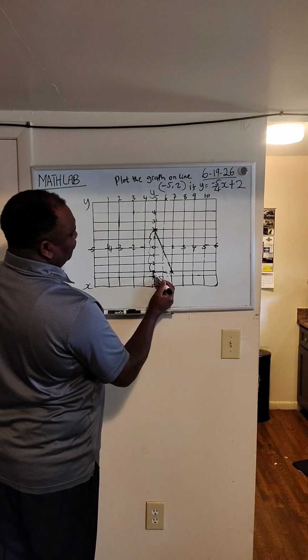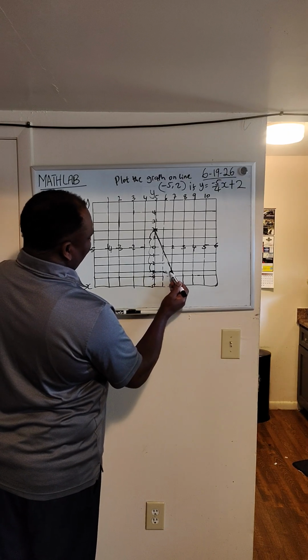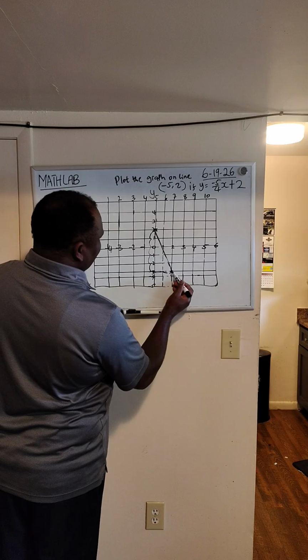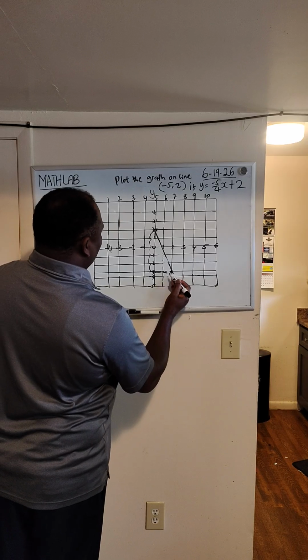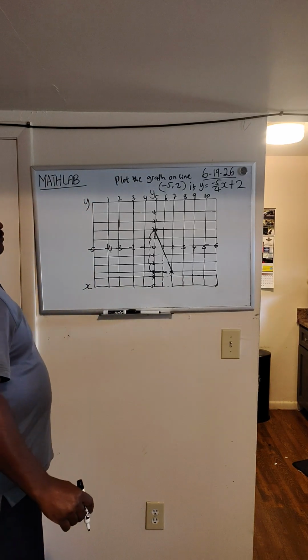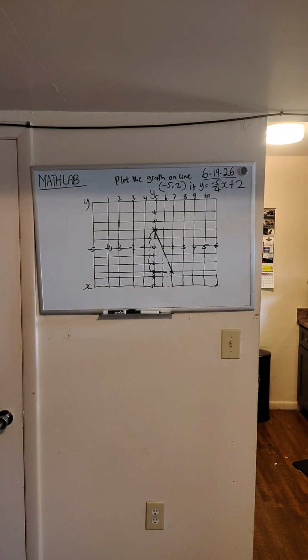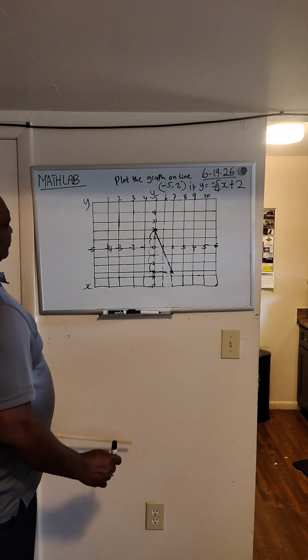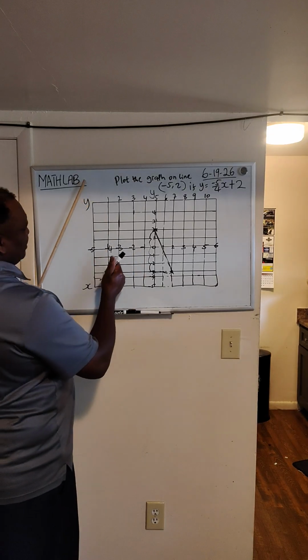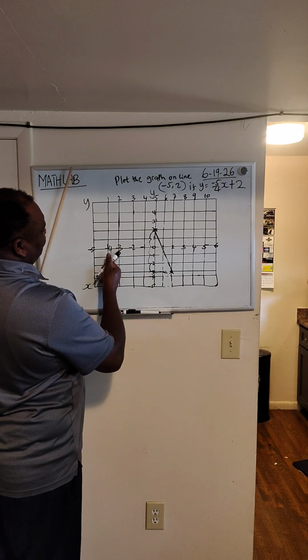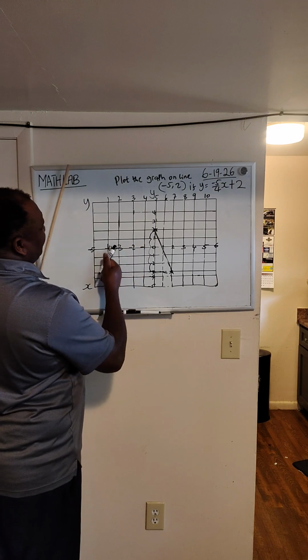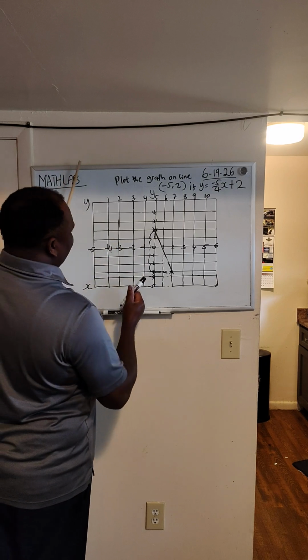So at negative 5 is negative 5. This line here is negative 5 and 2. So negative 5 and 2, right?